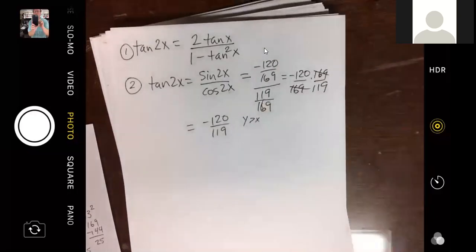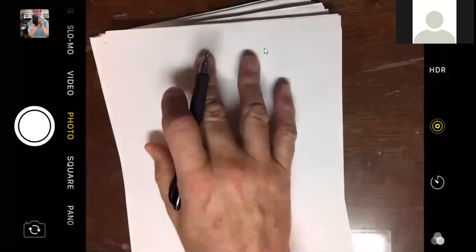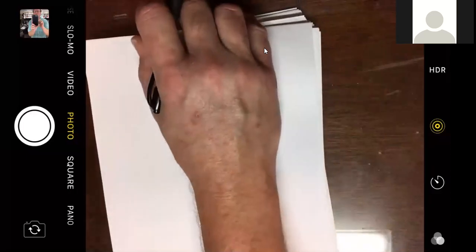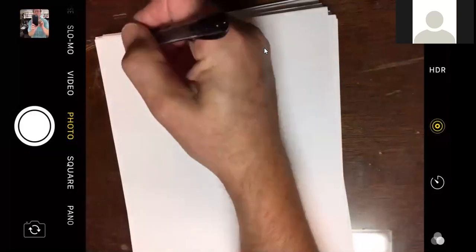Got the next one? Yeah, this one says use the formulas for lowering powers to rewrite the expression in terms of the first power of cosine. But this question says like as an example 4, but there's no example 4, so I don't really know what that means. I don't really know either.